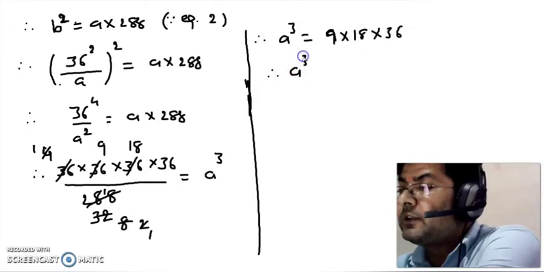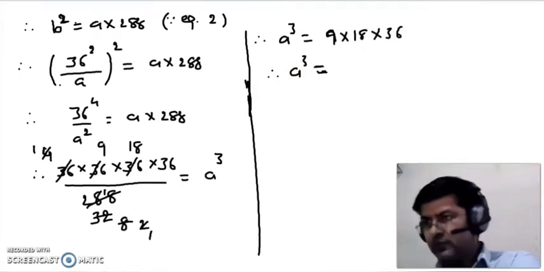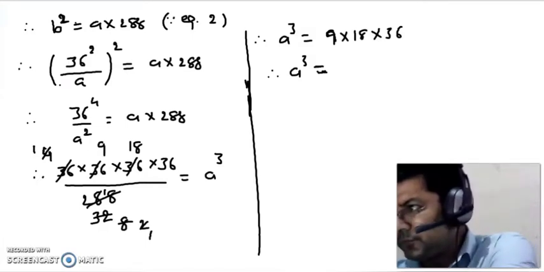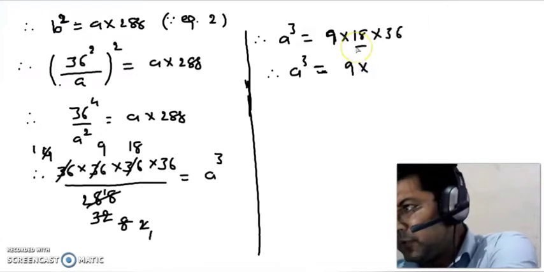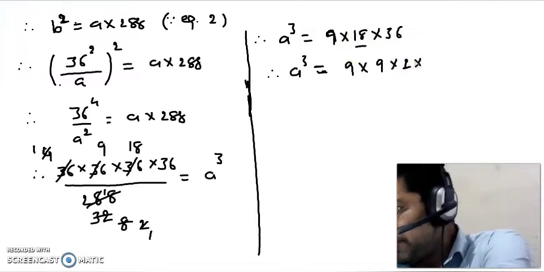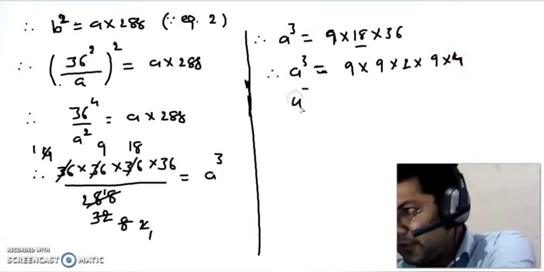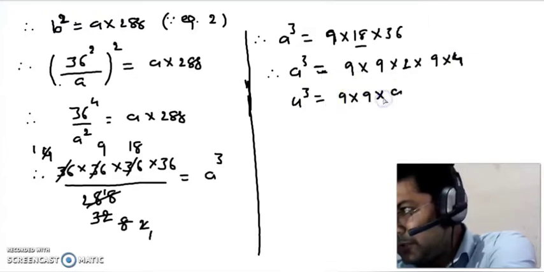So we have 9 into 18. I will split into 9 into 2, 9 2s are 18, and again 36 into 9 4s are 36. Now a cube is equal to 9 into 9 into 9 into 8.